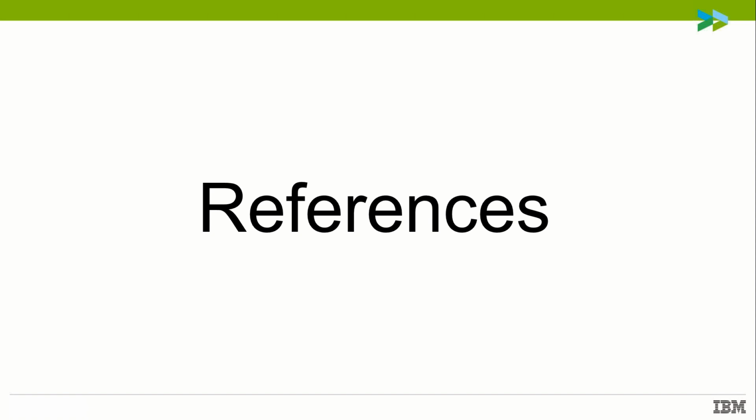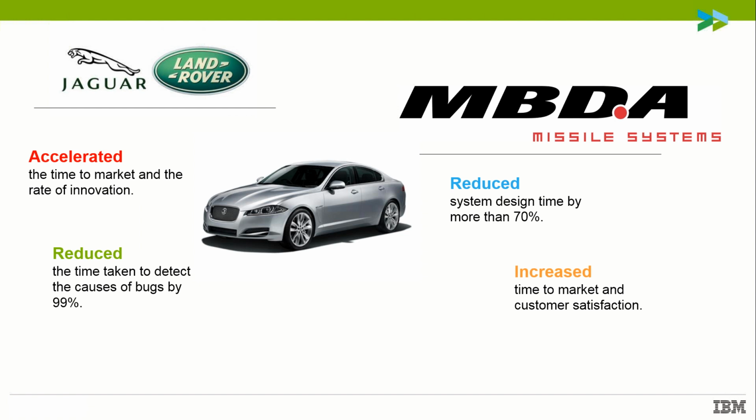So in terms of where this tool has been used before, there are a couple of key companies within the UK that have made use of our solution. One of the key clients that we work with is Jaguar Land Rover.